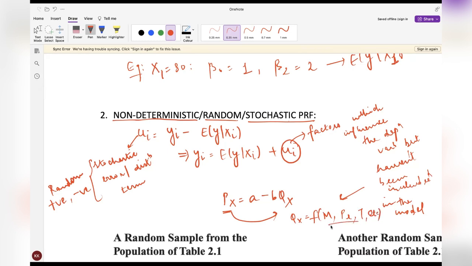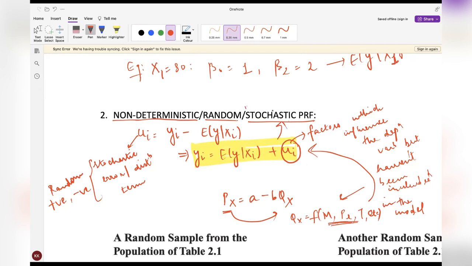But all of these factors are not included in the model. So all those factors which are neglected in the model are included in this ui, and this function, yi is equal to expected value of y given xi plus ui, is our non-deterministic or random stochastic PRF.